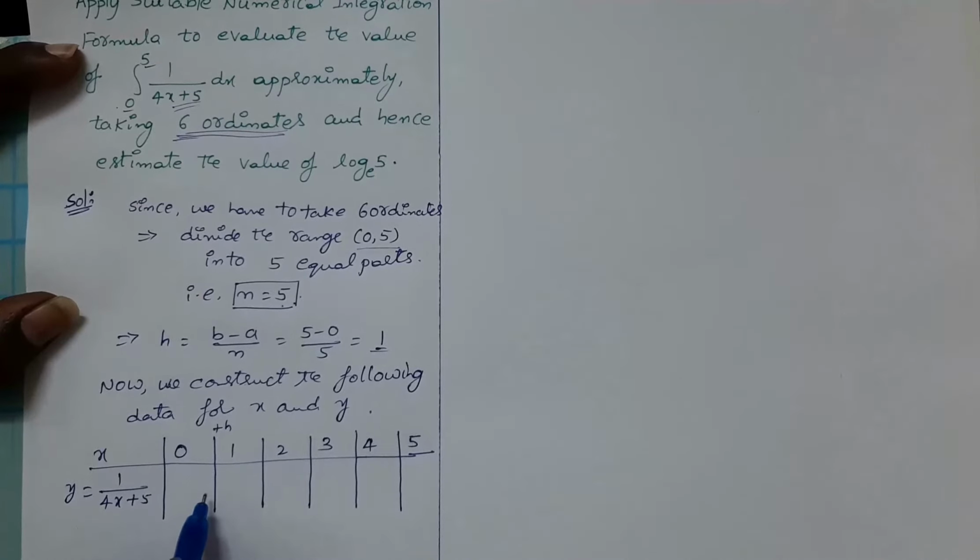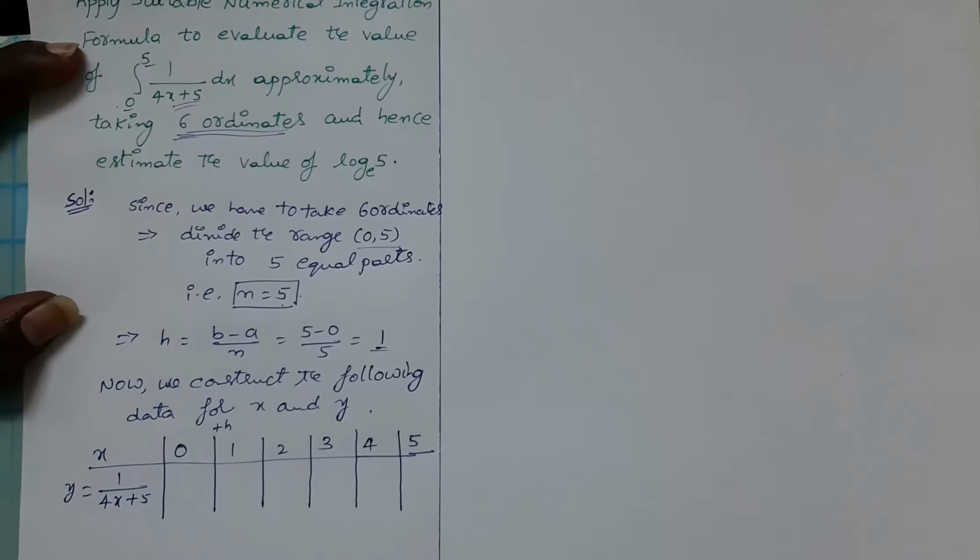Now we have to find the functioning values of y at the different values of x. By using a scientific calculator, we can get this entire table of values at a time. So use mode and table 7. We have to type the function here, which is 1 by 4x plus 5. For x, operate RCL and this closed bracket.